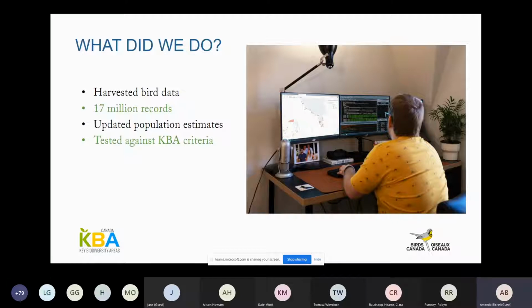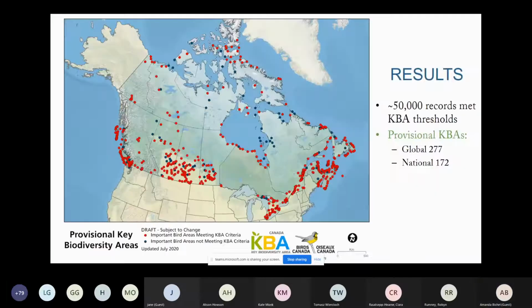For this crosswalk, we used just two criteria: species at risk and big concentrations of birds, which is similar to what we had used for IBA assessments in the past. So it's criteria A1 for threatened species and D1 for aggregations, if anyone's interested. So here are some of the results.